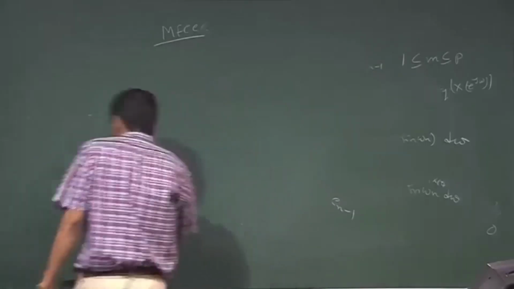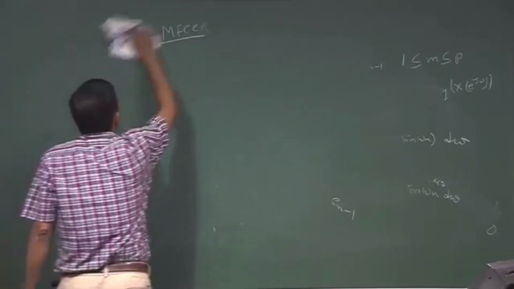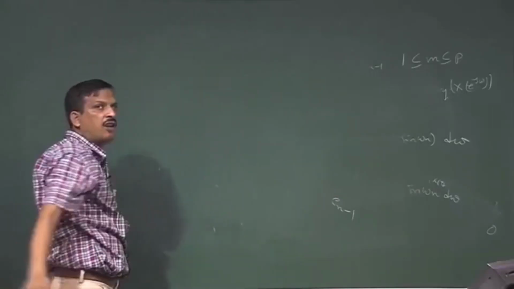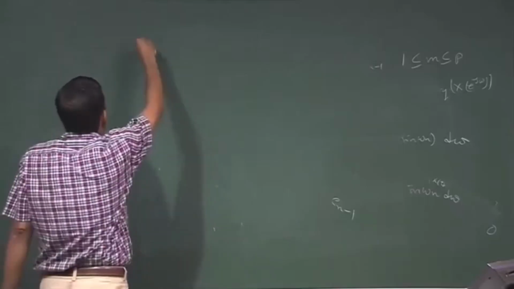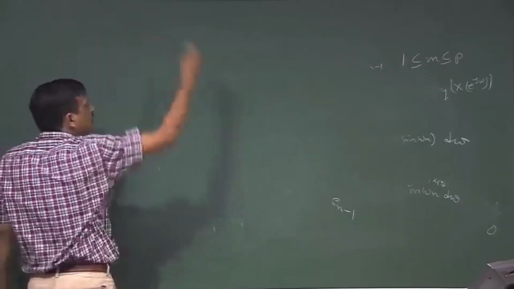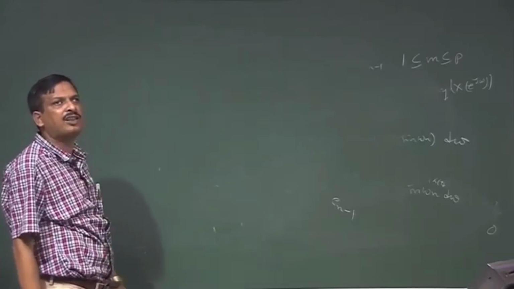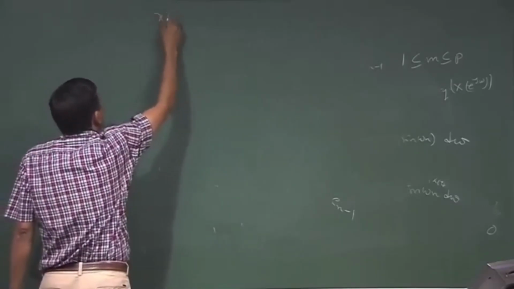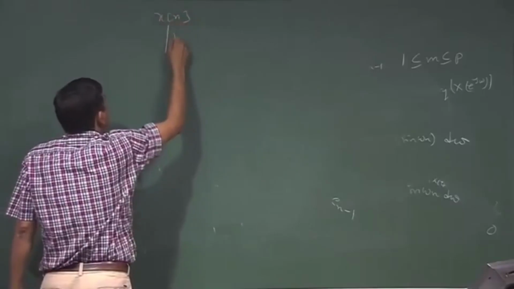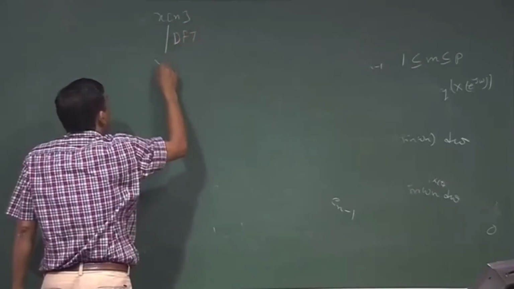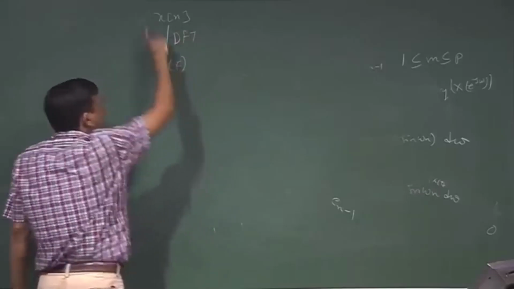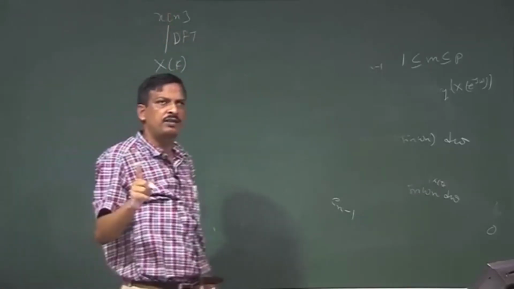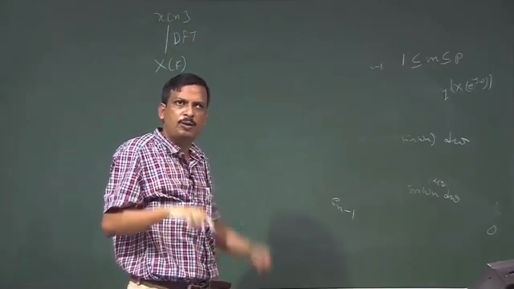So, what we said is that if I take the spectrum of a speech signal, how do you draw it? If xn is my time domain signal, if I apply DFT, I will get xk. I am not explaining the framing and windowing; that is also included in speech processing.